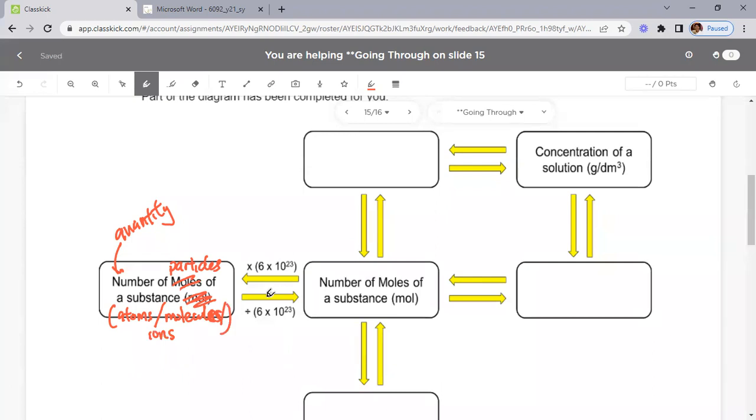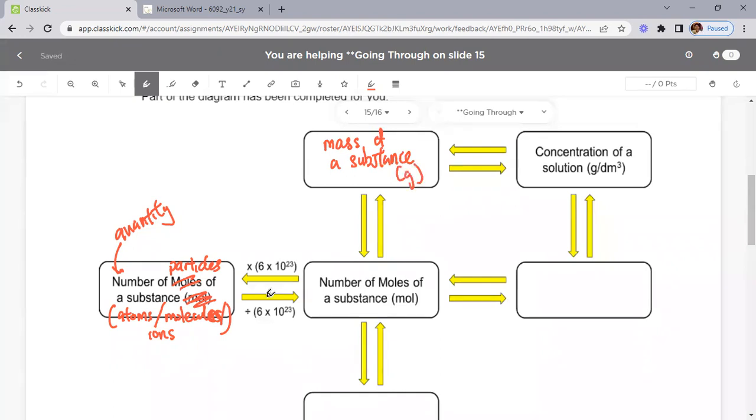Those in the rectangle boxes are the quantities you convert to. The arrows are the things that you need to multiply or divide with. Let me show you another box. Number of moles converts to the mass of a substance, with units in gram.